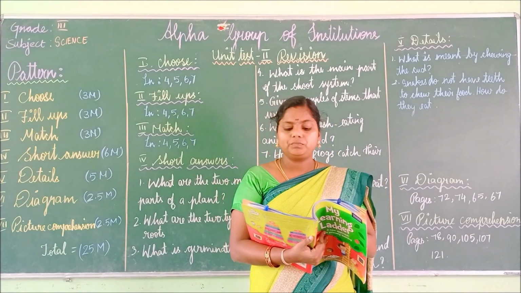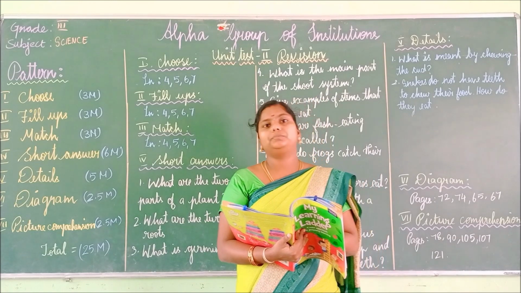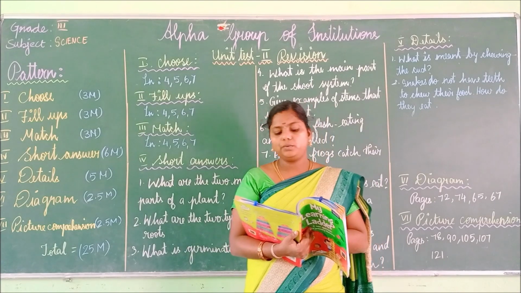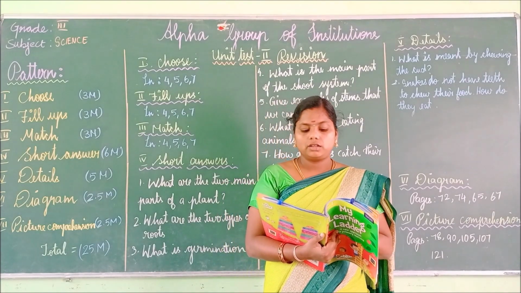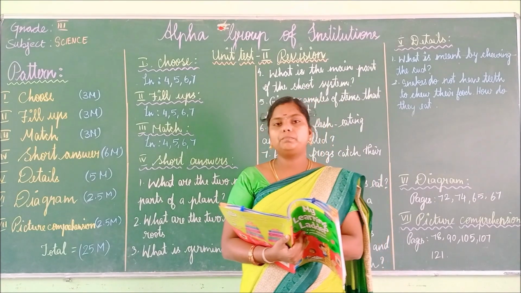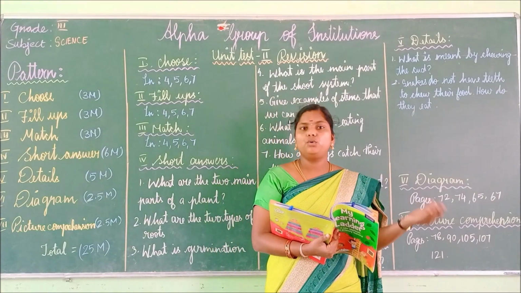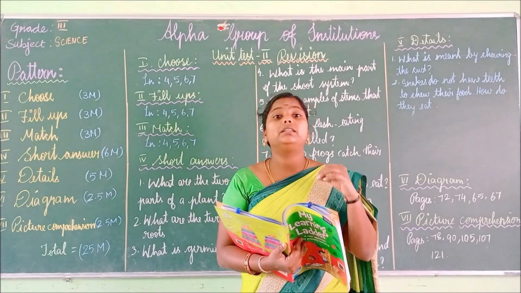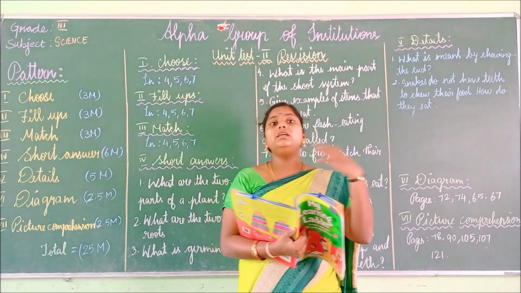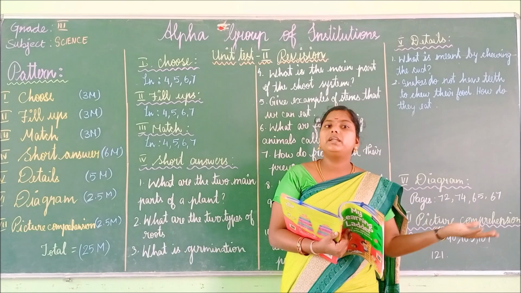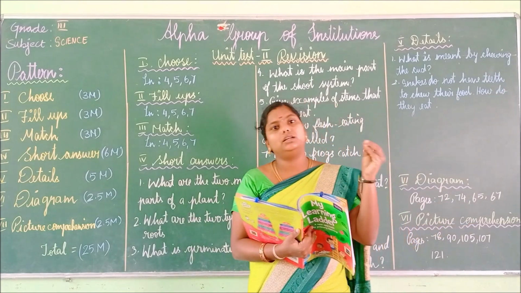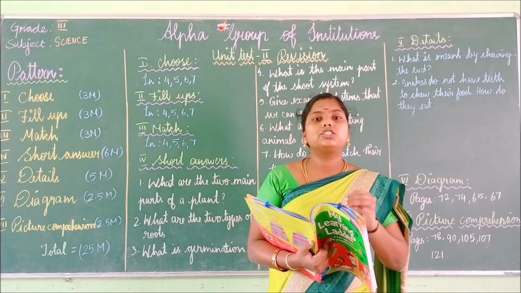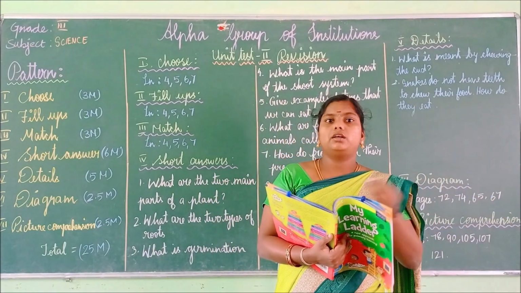The third one, dash is an omnivore. Here the options are cow, lion, chimpanzees. Cow will only eat grass, lions will only eat the flesh of other animals, but chimpanzees, which are very related to monkeys, will eat both leaves like bamboo leaves, banana, and also flesh of other animals such as fish, small animals.